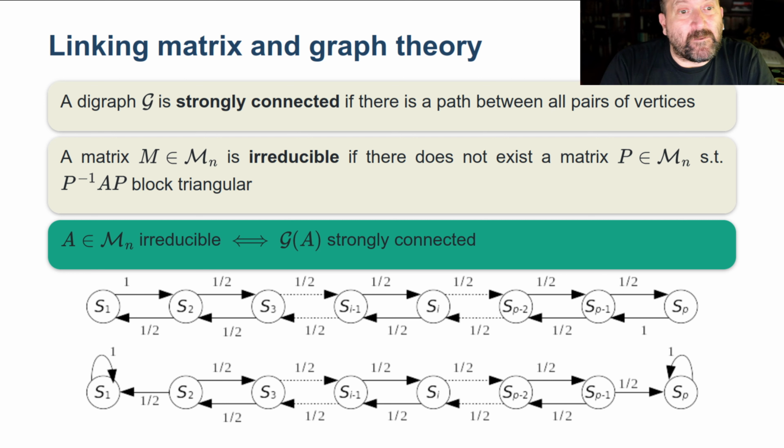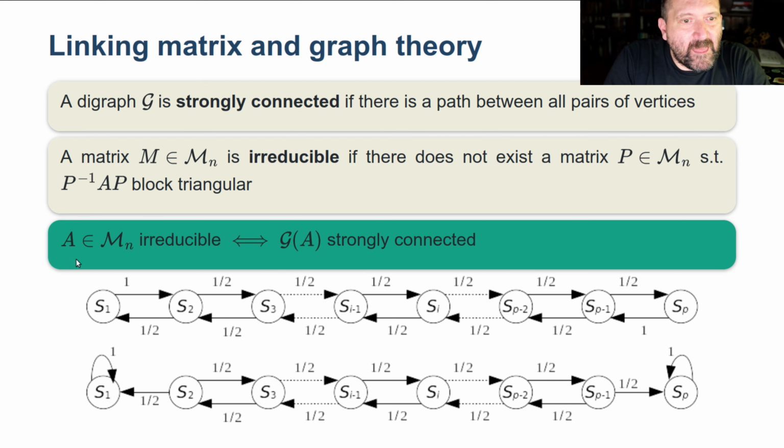This is sometimes difficult to check, but there is this very nice equivalency: a matrix being irreducible is equivalent to saying that the digraph associated to that matrix, okay, so that's the digraph where there is an arc from i to j if there is a non-zero entry in the matrix and no arc otherwise, is strongly connected. This is equivalent to irreducibility.